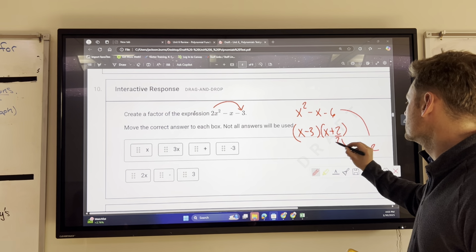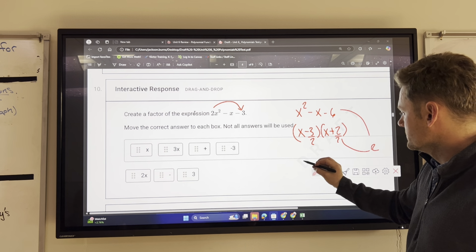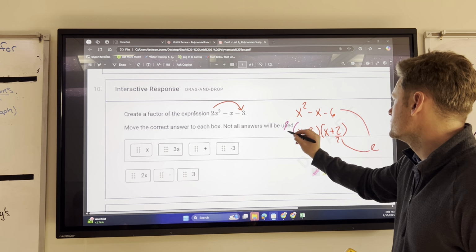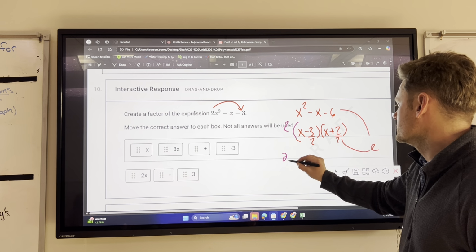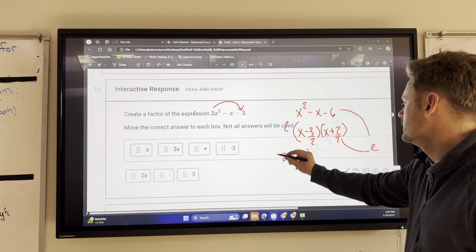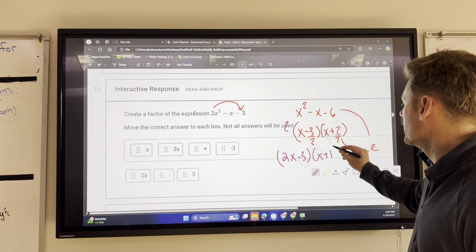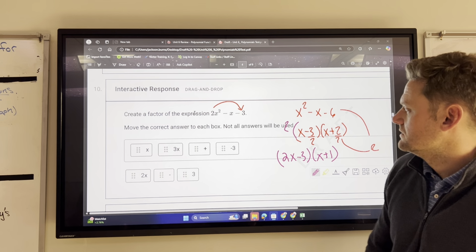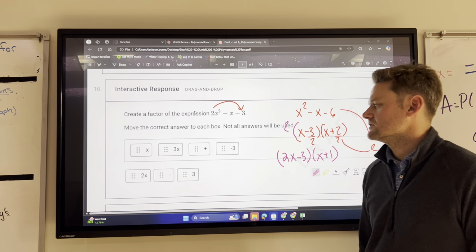Bring back my 2. I multiply it by a 2 to get rid of the 2, so this turns into 2x minus 3 times x plus 1. So I'm either trying to make an x plus 1 or a 2x minus 3. Looks like they made a 2x minus 3 work over here.